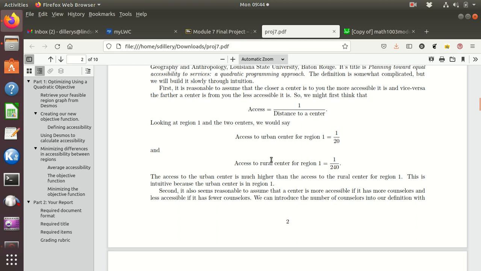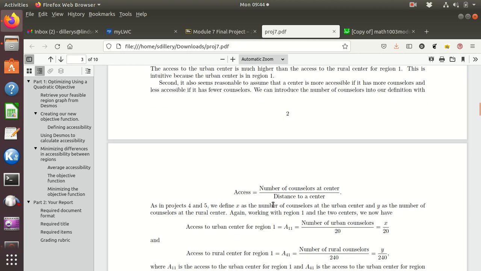And so we would have access is equal to, again, there'd be a K, but something times the number of counselors. And so what we've got here then is we've put the number of counselors at the center in the numerator because it's directly proportional, but of course we've still got the inverse proportionality of the distance.